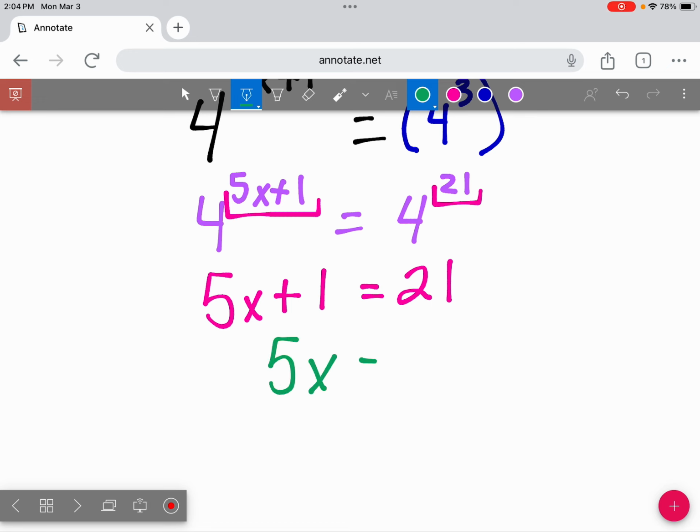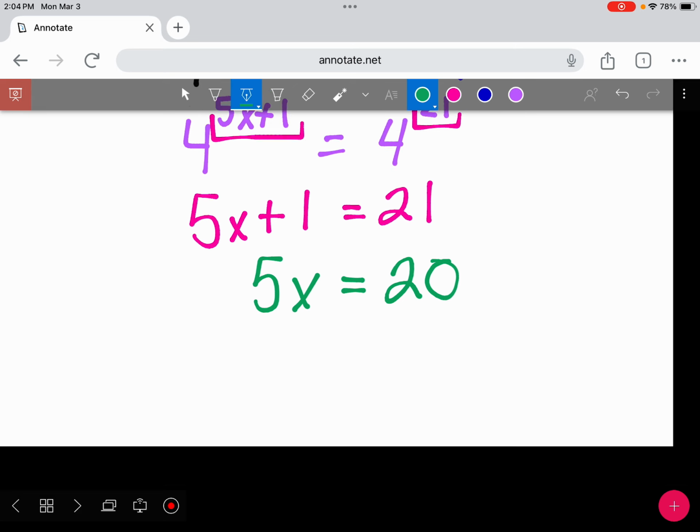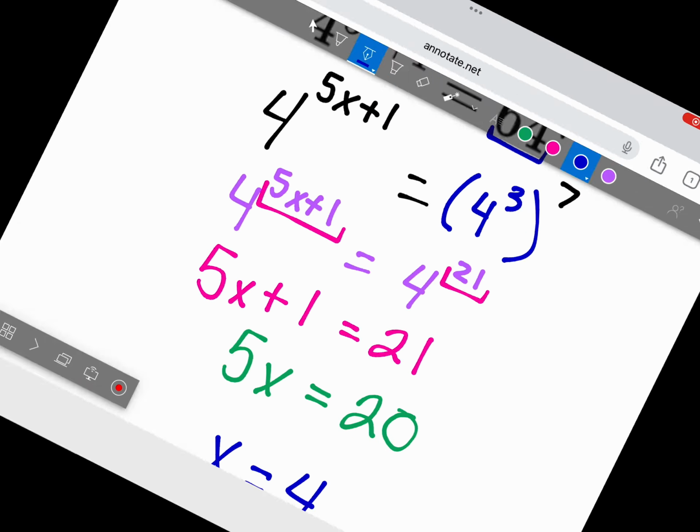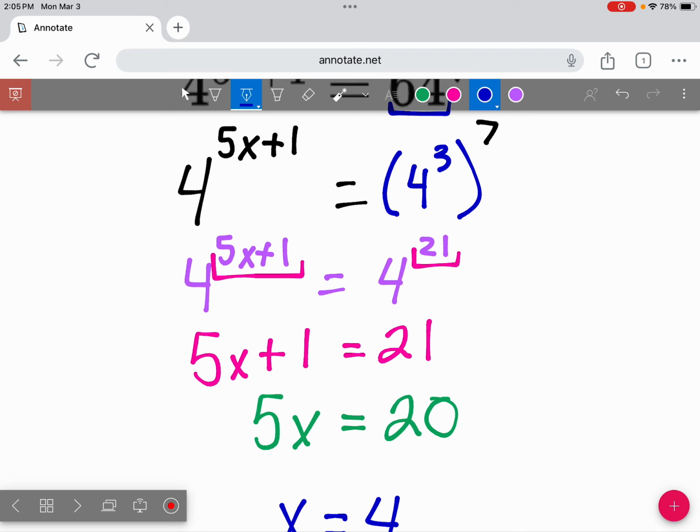We get 5x equals 20. Divide both sides by 5, and we get that x equals 4. And if you go back up to the top and substitute it back in, it'll totally work.